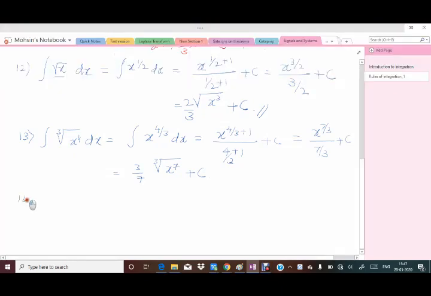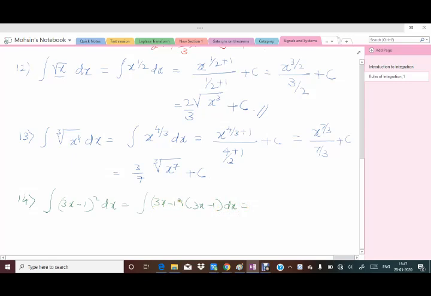So suppose there is a given expression as 3x minus 1 whole square dx. So now we need to evaluate integration of this term. So therefore before we evaluate, let us expand this: 3x minus 1 times 3x minus 1 dx.